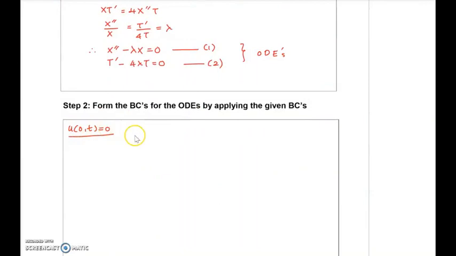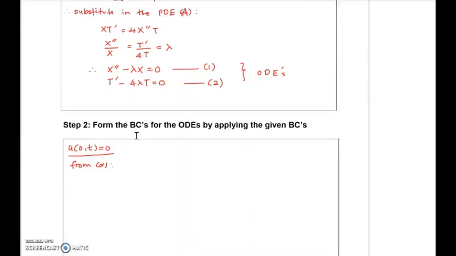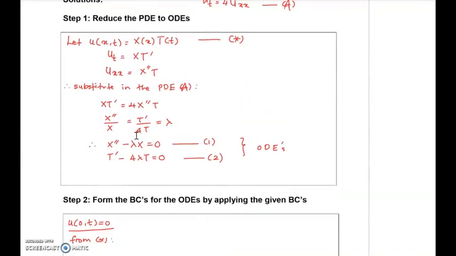From this equation, we know that X(0) T(t) equals 0, because the condition says that when x is 0 and t is t, the value of u is 0.